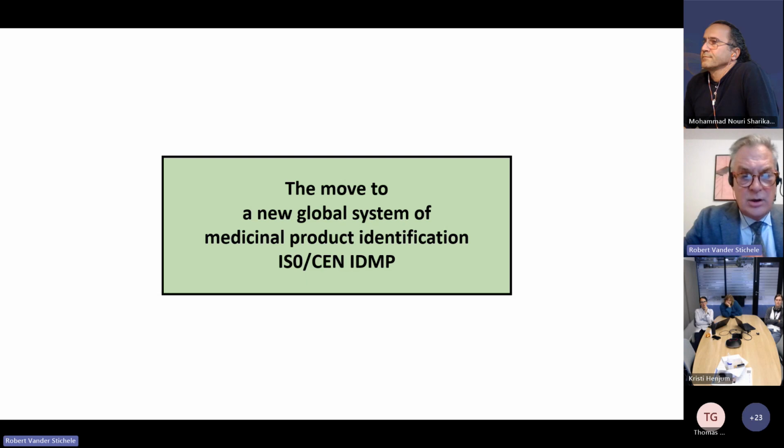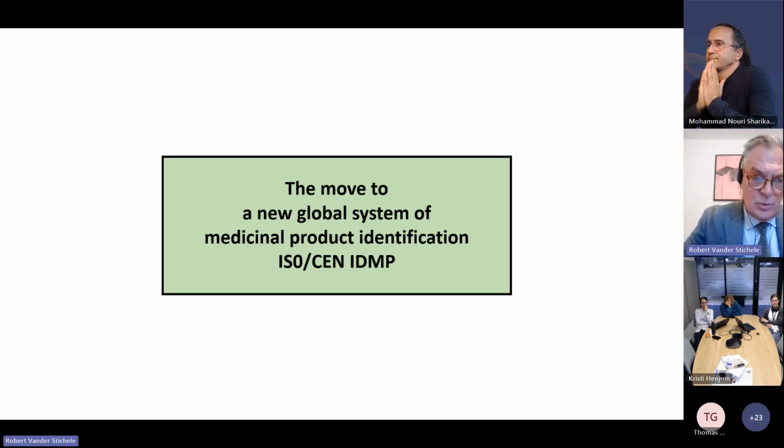So now there is a move to a new global system of medicinal product identification from ISO/CEN. ISO and CEN are organizations that create standards, for instance, for electric outlets and for charging cell phones, trying to standardize as much as possible.